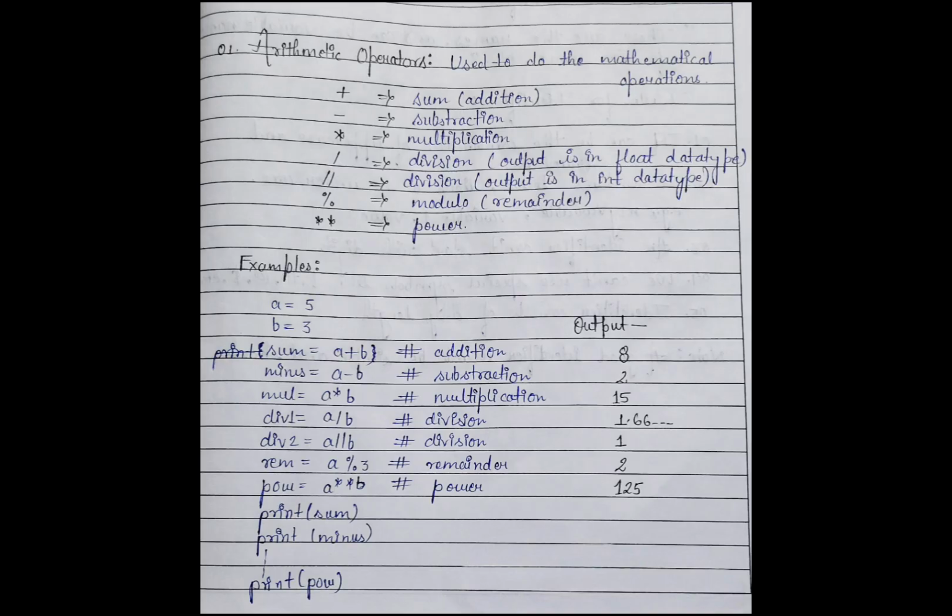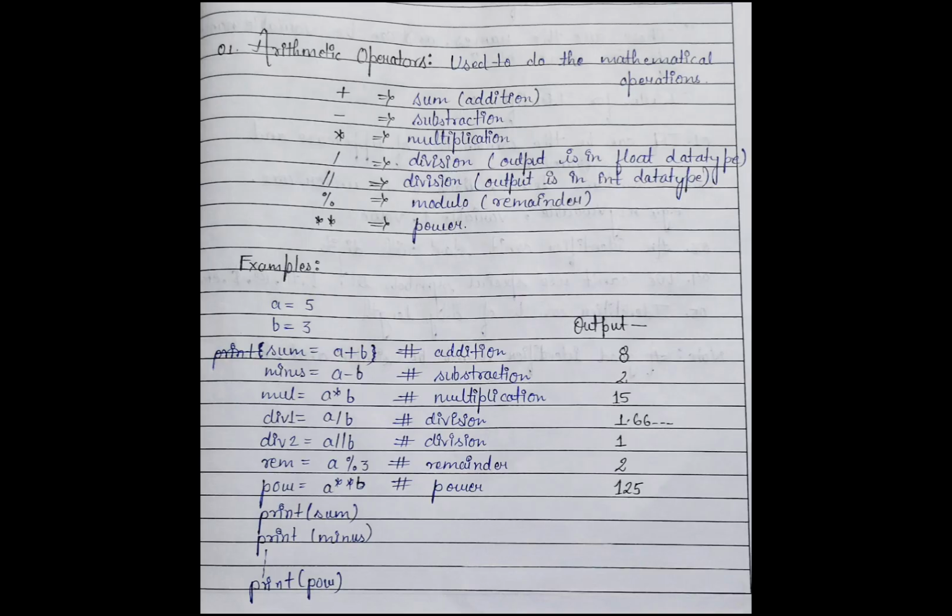Then in the next line, we are printing these variables. The line is print, and in the parenthesis, I have written sum. This is the way to print anything in Python. If you write print and in brackets sum, then the output will be the summation of 5 and 3, that is a plus b, that is 8, which is written on the right side, you can see.